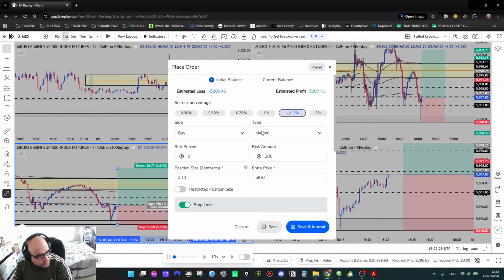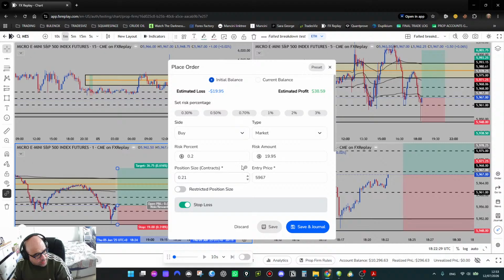I'm gonna follow strict, but since we can do contracts by decimals, I'm gonna start applying a specific amount, which at this moment is 2%. So risk percent, we can do 0.2. Would say $20 is 2% of the drawdown limit.